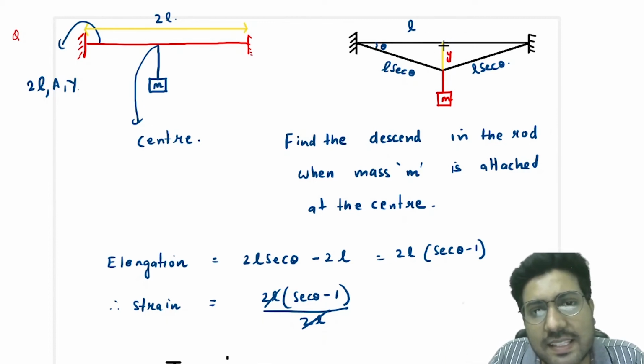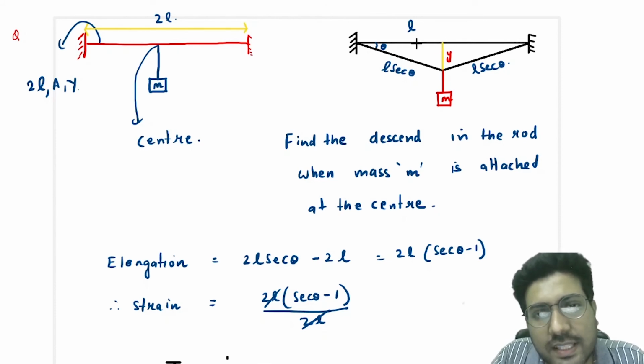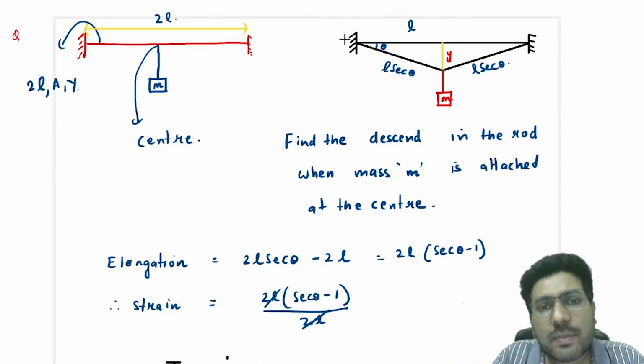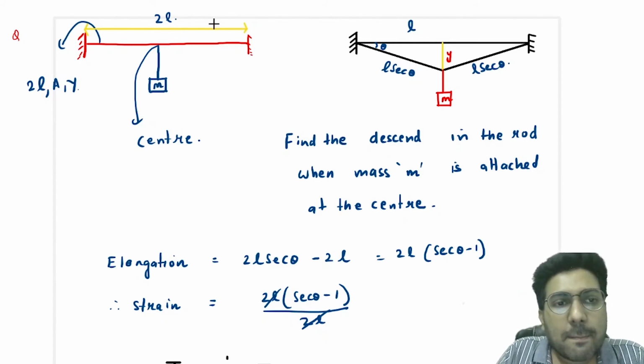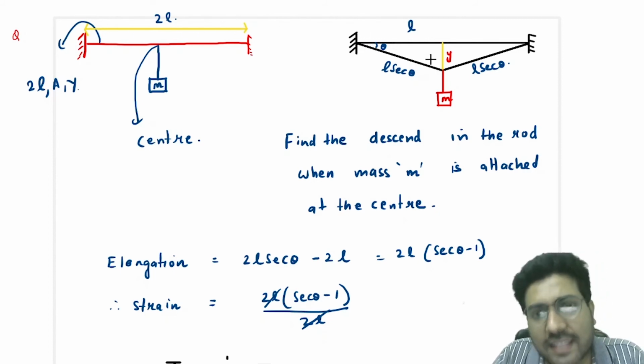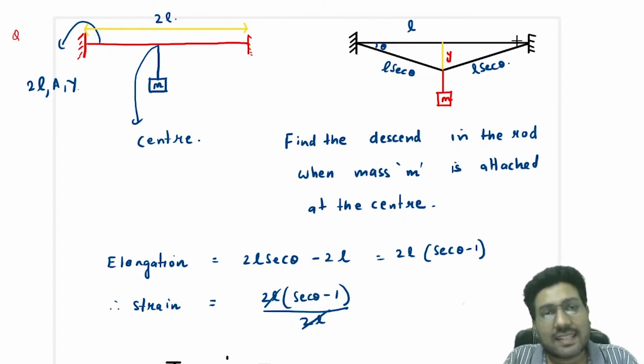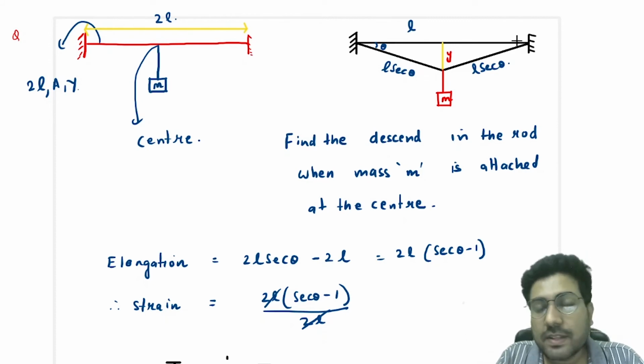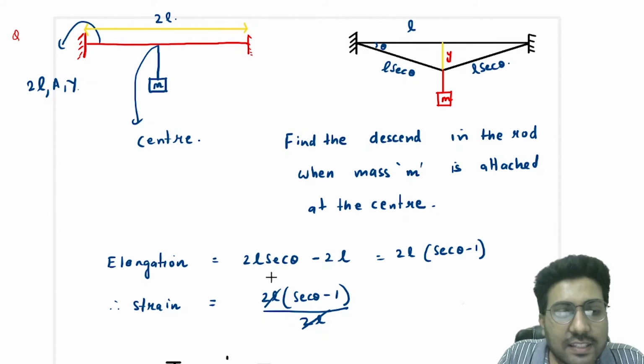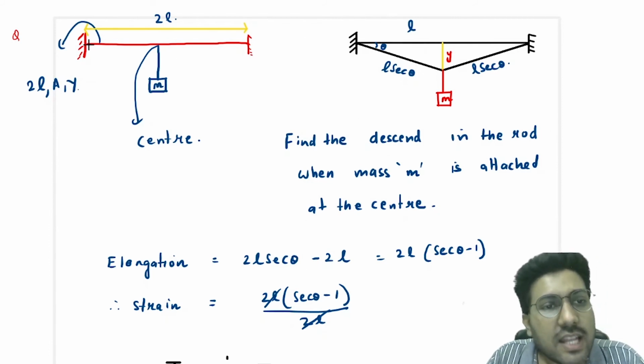If this length is L, from this triangle you can see that this length is L sec theta. So if this length is L sec theta, then the elongation will be how much? Initially the length was 2L, but now the length is L sec theta plus L sec theta, that is 2L sec theta. Sec theta is greater than 1. So the final length is 2L sec theta, the initial length is 2L.